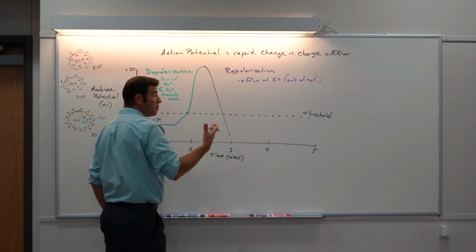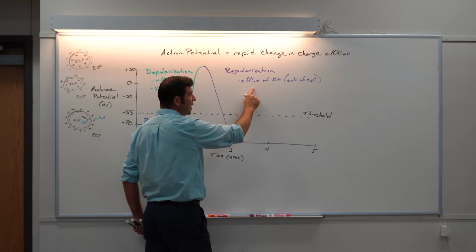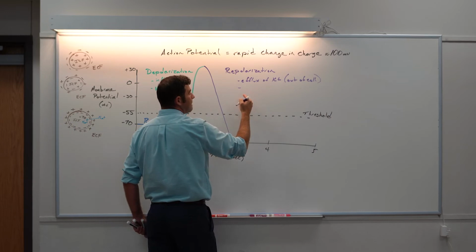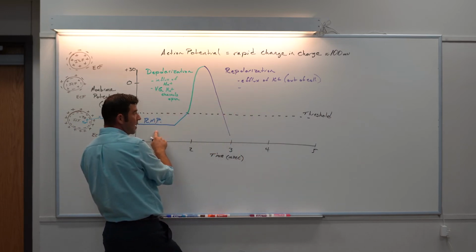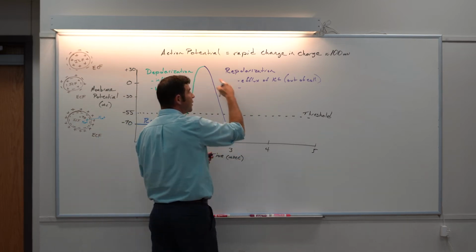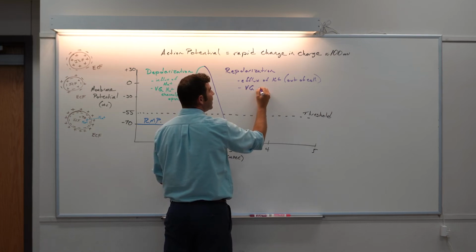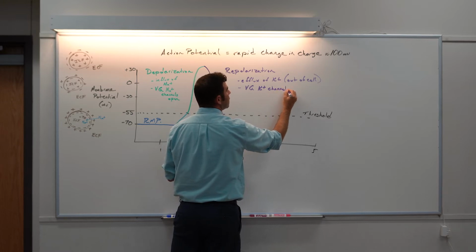And as the cell is purging itself of those positive charges, it's really just leaving behind those negatively charged proteins. This, again, is going to leave the cell more negatively charged and down here towards the bottom of this graph. Again, potassium ions are leaving the cell because during the repolarization phase, we're going to have these voltage-gated potassium ion channels that are open.